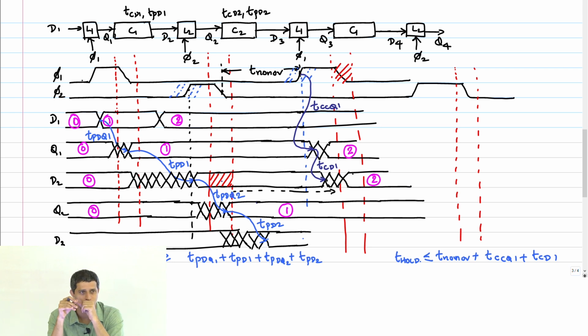If you don't want to borrow time, there's no issue. It's basically insensitive to clock skew, given that skew itself is a very small number. If the deviation from the actual edge is very small, then it is true that max delay is not affected by skew. So this is what we call skew tolerant. Max delay is skew tolerant.